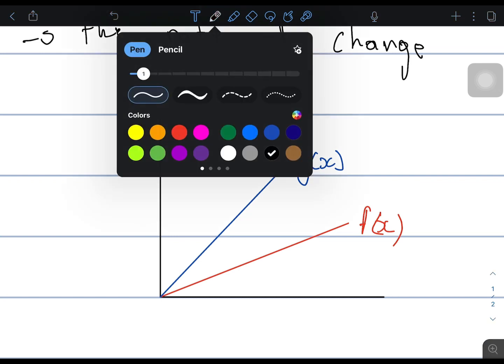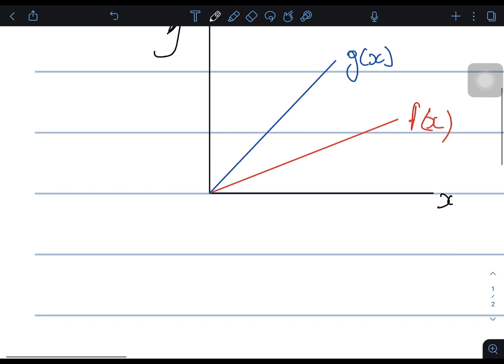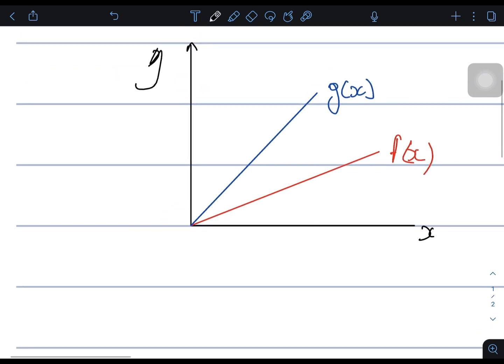Let me write: this is the Y axis, this is the X axis. Guys, what I'm trying to do here is show you differentiation in a very simple way. Differentiation is the rate of change of one value to another.